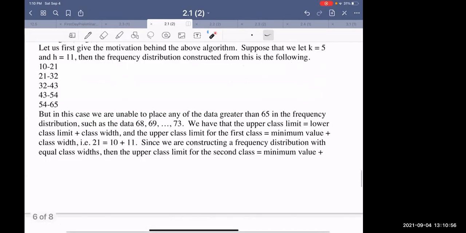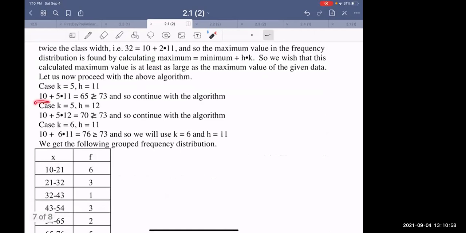Then check if the minimum, 10 plus 5 times 11, 65, is greater than or equal to your biggest number, 73. Well, it's not. So keep going. So now let's do the next one.